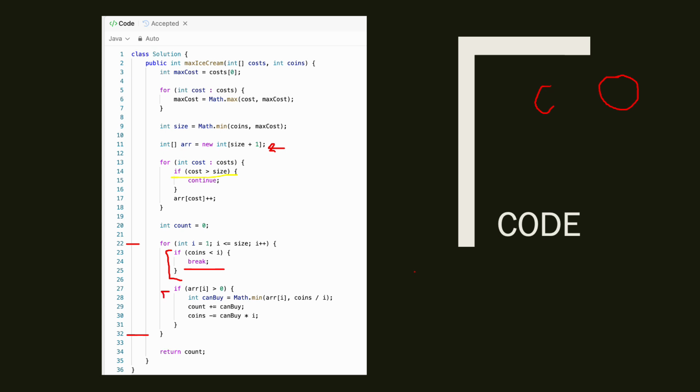Else, let's say if we do have coins remaining, in that case we'll first check if ARR of I is 0. What do we mean by that? That particular ice cream is actually present in the array. Like the frequency is not 0.